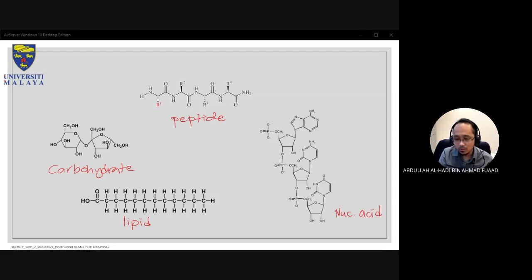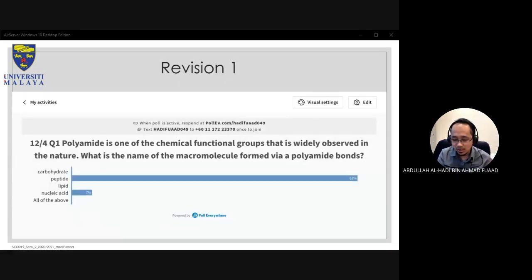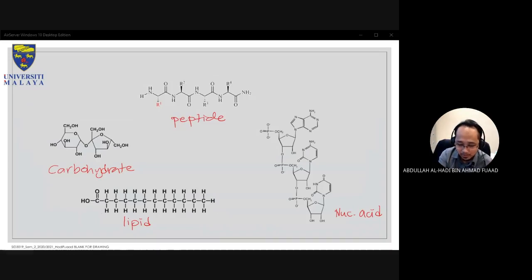Okay, so the question asks about what is the macromolecule. The definition of macromolecule covers all 4 options available to you: carbohydrate, peptide, lipid, and nucleic acid. And the question asks what is the name of the macromolecule that is formed via a polyamide bond. If you recall, an amide functional group is a carbonyl and an amine, like that.